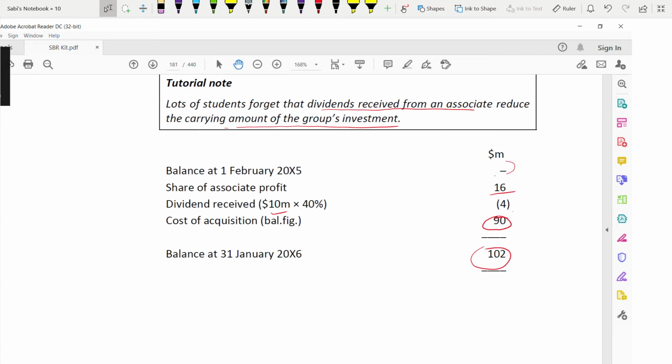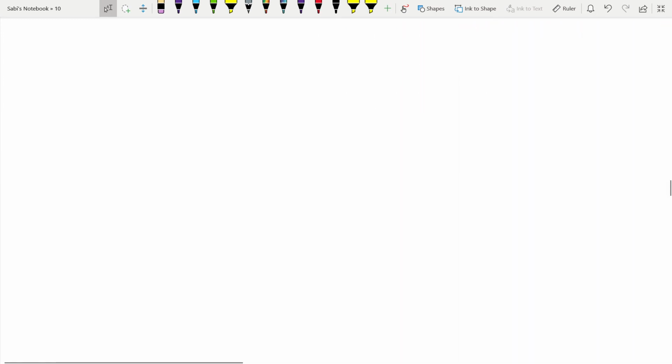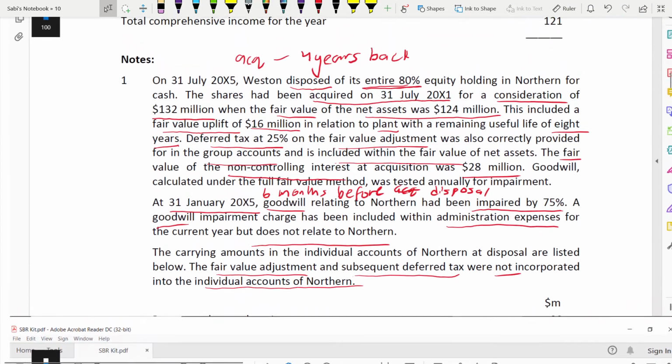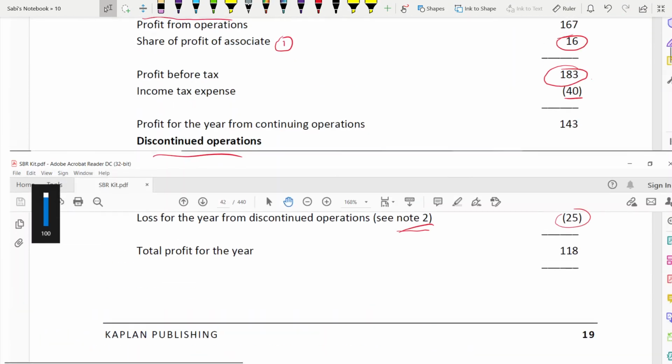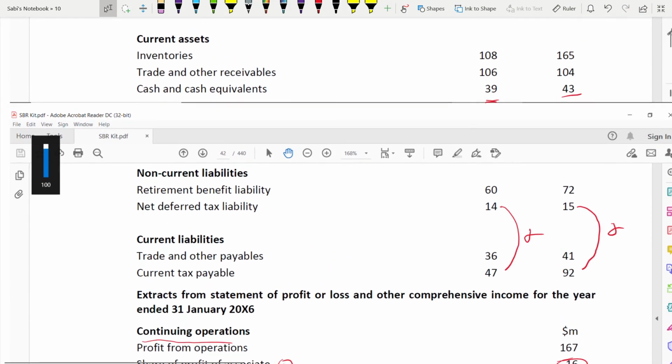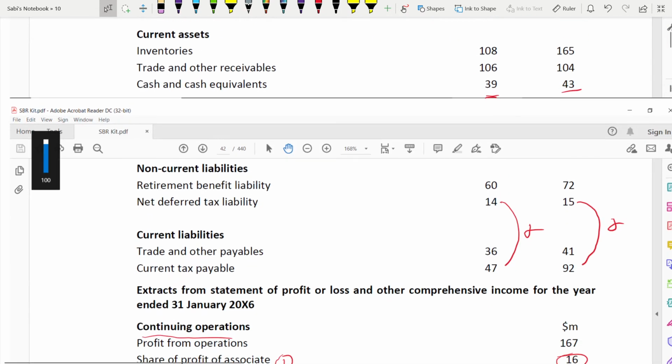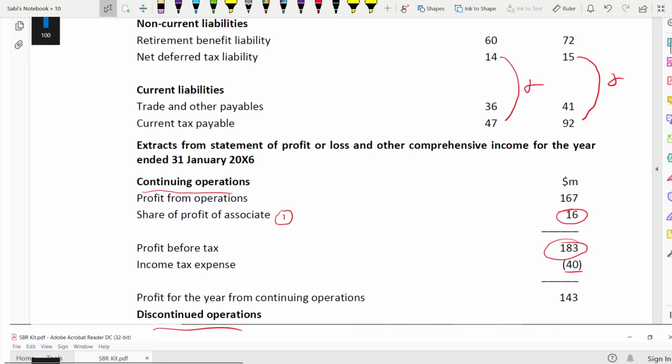Now let us check the other figures, 16, 4 and 102. In the statement of financial position, if you see investment, there is no opening investment. The closing balance is 102, and then we have their share of profit 16.